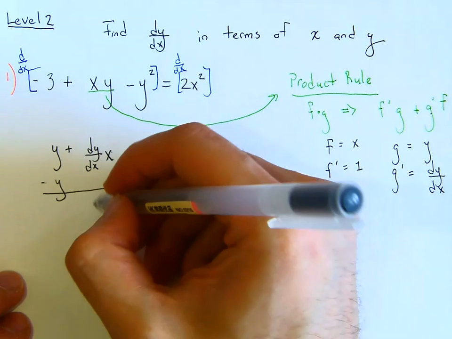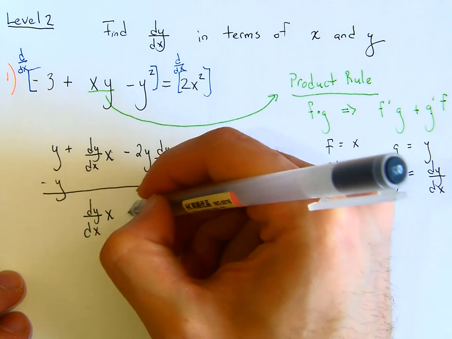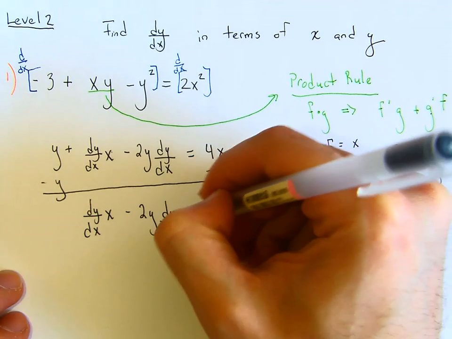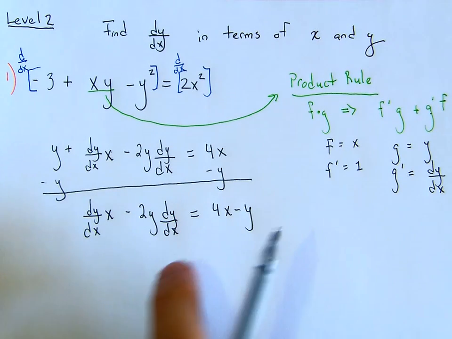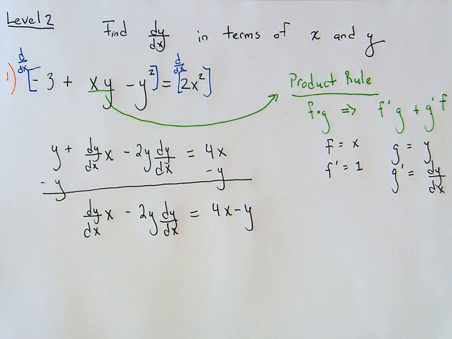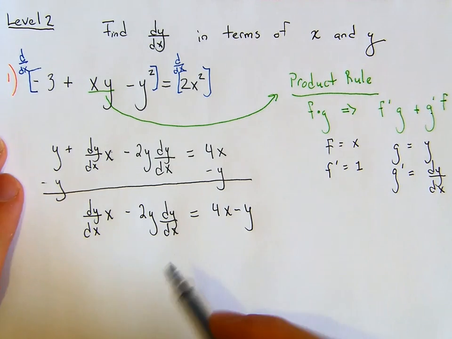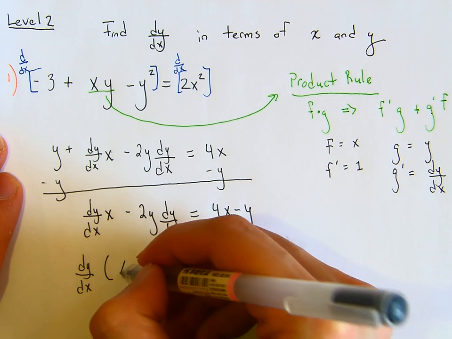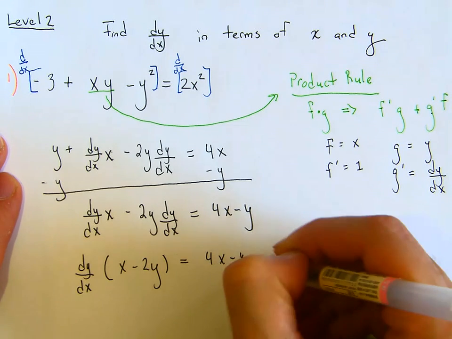Now this becomes dy dx times x minus 2y dy dx equals 4x minus y. Now that we have the dy dx's by itself, let's factor out a dy dx from each of these. So now we have dy dx times x minus 2y equals 4x minus y.